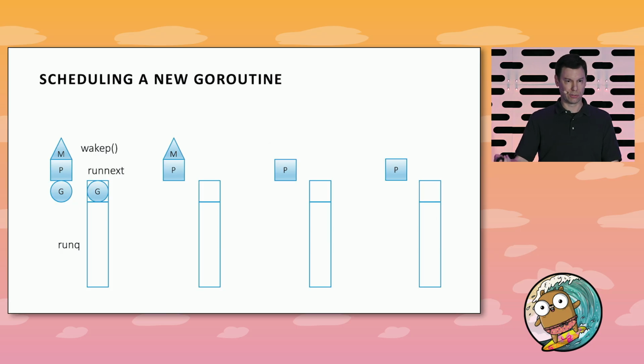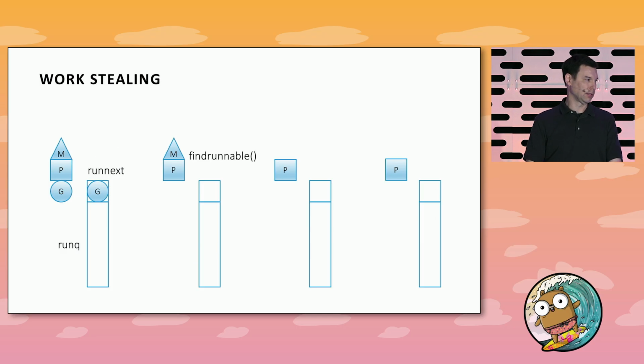It's got to find some work to do now, so it runs findRunnable. If you'll remember, that was the function that we were seeing problems with in our pprof data. So findRunnable then looks in its local run next, finds nothing, and it looks in the run queue and finds nothing. So it needs to do a process called work stealing.